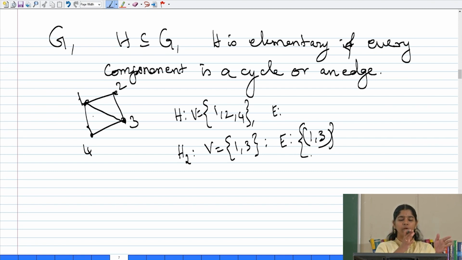I cannot write 1, 2 as one component and 1, 4 as a second component, that is not possible. So, with this vertex set I cannot have an elementary subgraph, whereas for the other one we can.